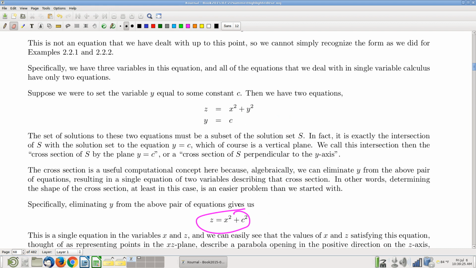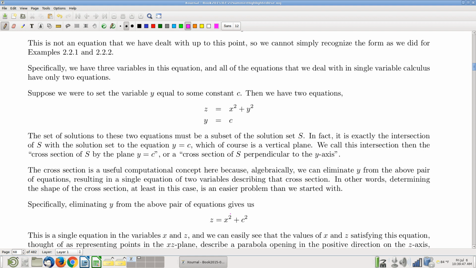So what this says is, if you take a cross-section of this surface in the plane y equals c, you get this parabola. So the surface has a cross-section that's a parabola. Specifically, I know where to draw this parabola. It's in the plane y equals c.